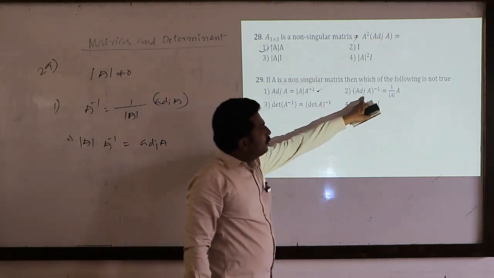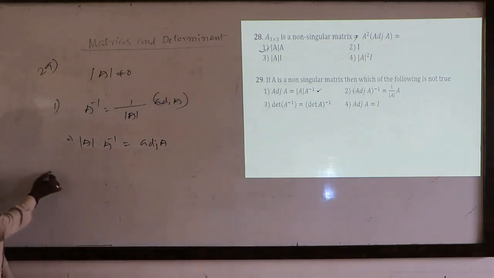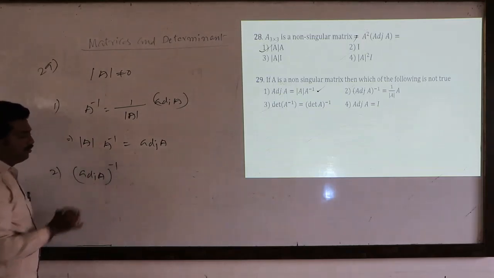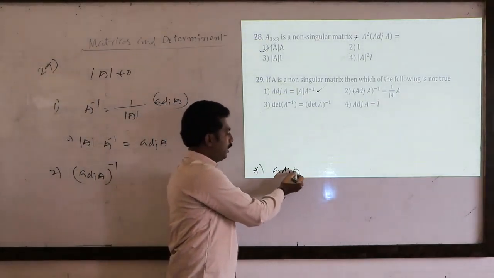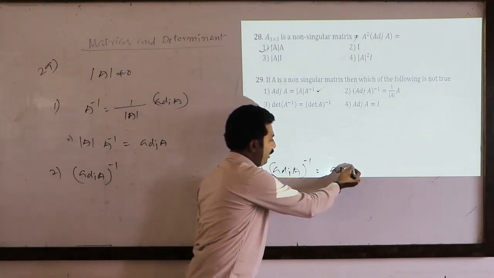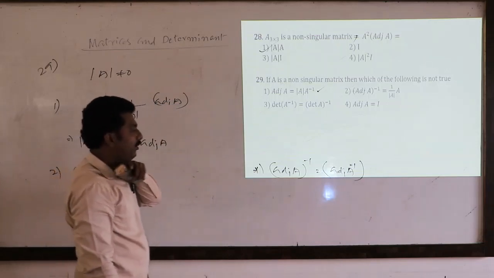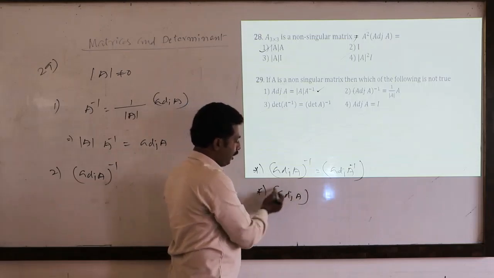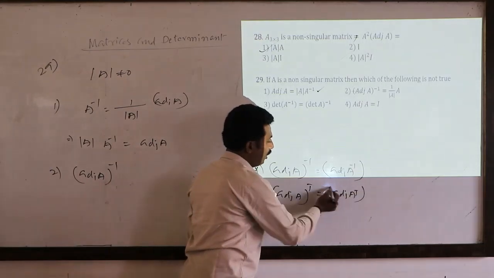Next, whether this one is correct or not: adjoint of A whole inverse. One property: adjoint of A whole inverse equals adjoint of A inverse. You remember, adjoint of A whole transpose equals adjoint of A transpose also.